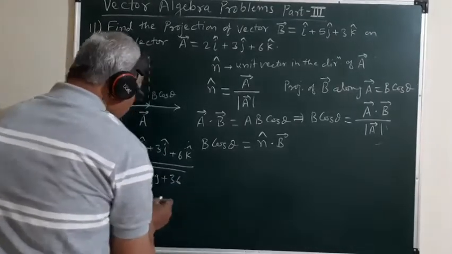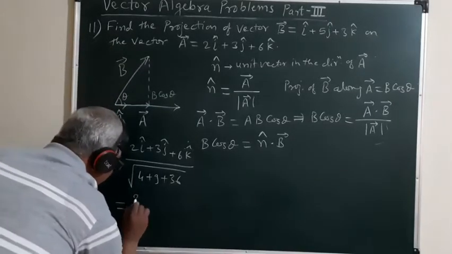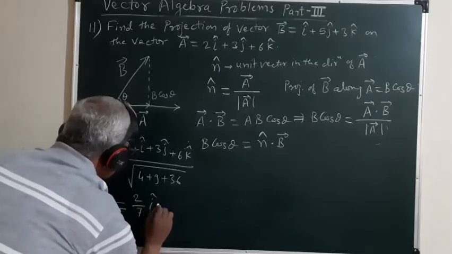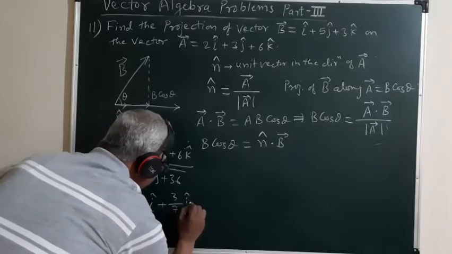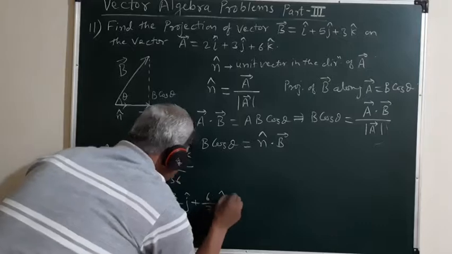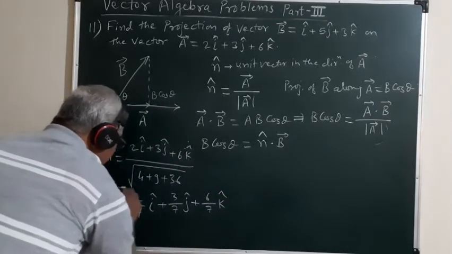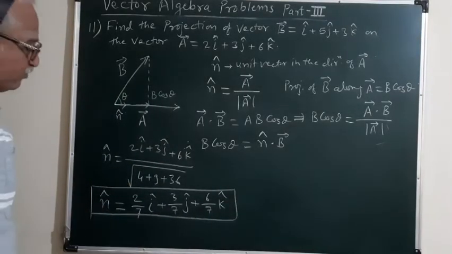So this unit vector n cap then can be expressed as 2 by 7 i cap plus 3 by 7 j cap plus 6 by 7 k cap.